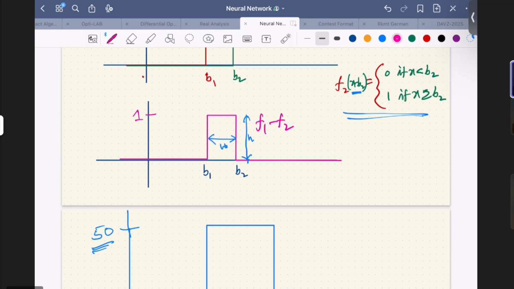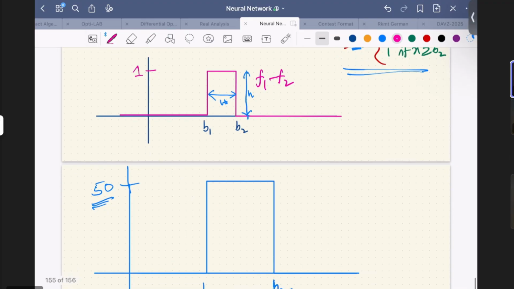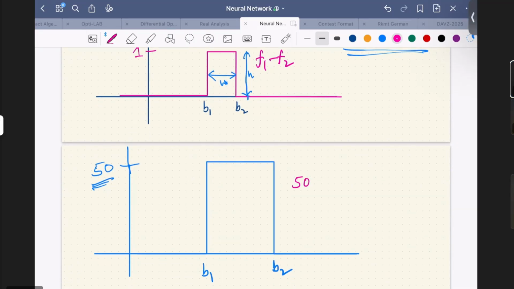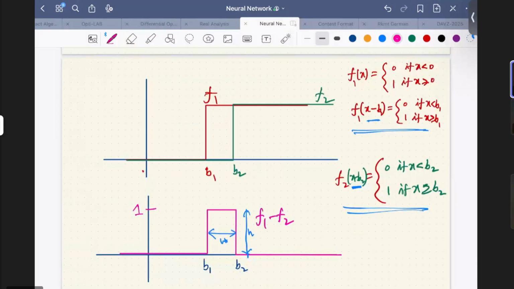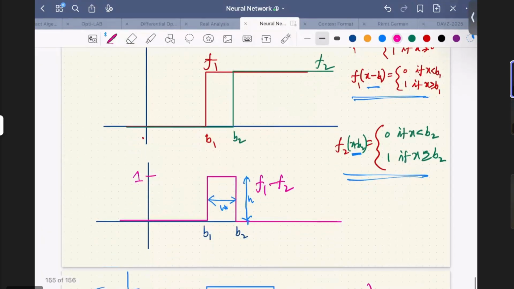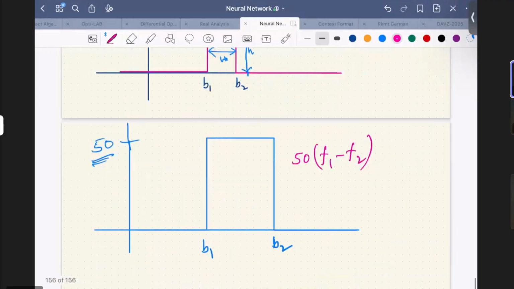Then we can say 50 times F1 minus F2. If 50 F1 is taking this to 50 height, then 50 times F1 minus F2 gives it.